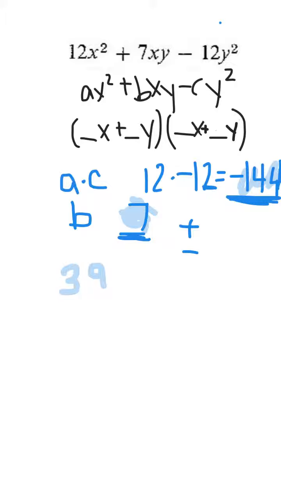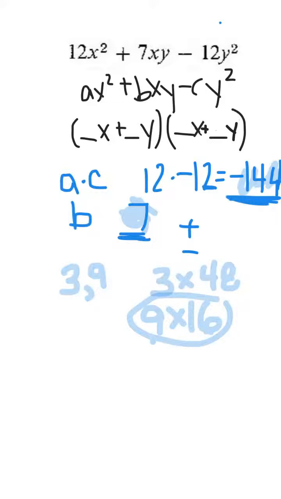Gee, I think everything else is a power of 2. 3 goes into 144 48 times, and that's definitely not 7 apart. 9 goes into 144 16 times. 16 minus 9 is 7, so there's our combination. But remember, the bigger one's going to be positive, smaller one's going to be negative. So our two numbers will be negative 9 and positive 16.